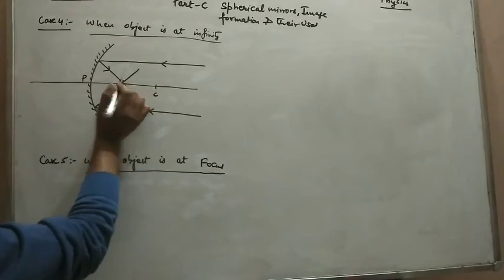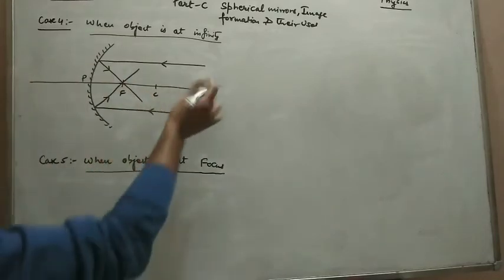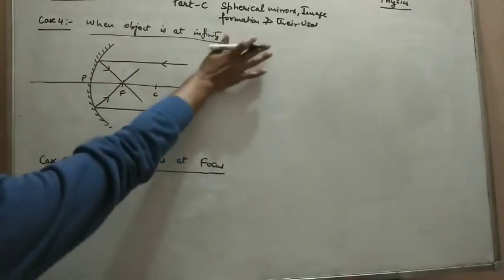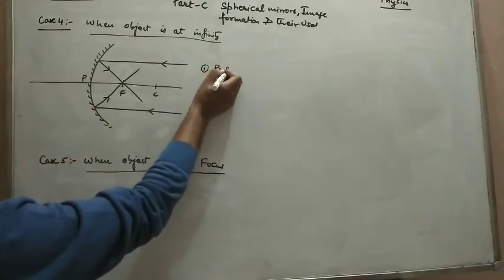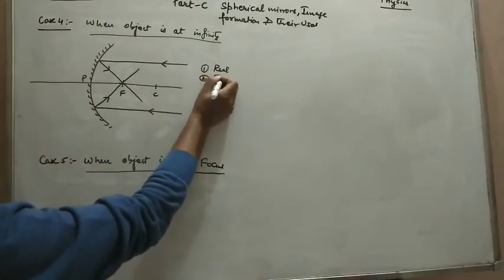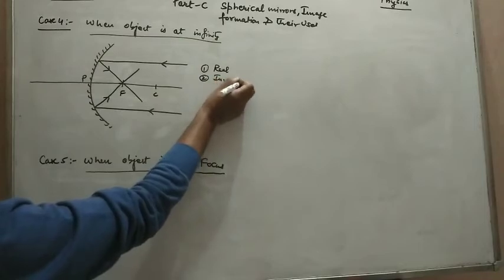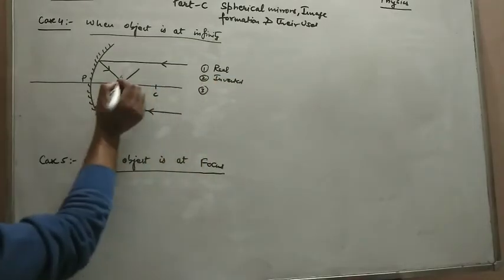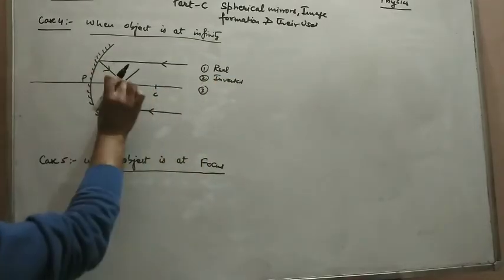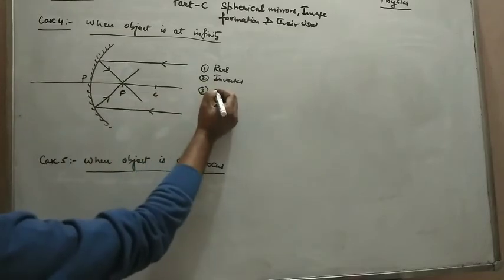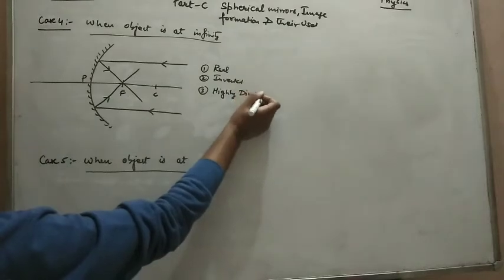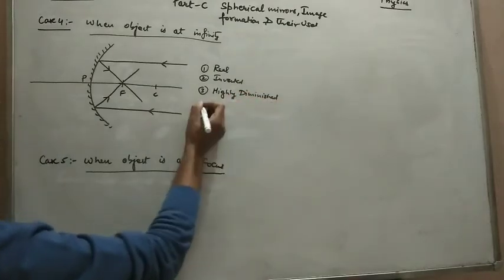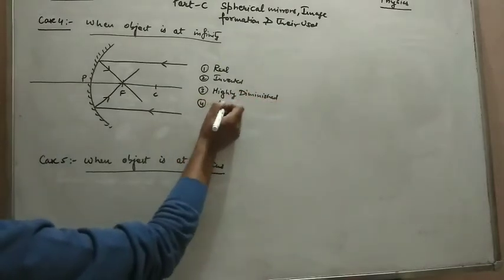Again I am telling you, you will draw with the scale. So the characteristics of the image: first you will get real image, second inverted, third highly diminished because it is forming a single point, and fourth one is at focus.